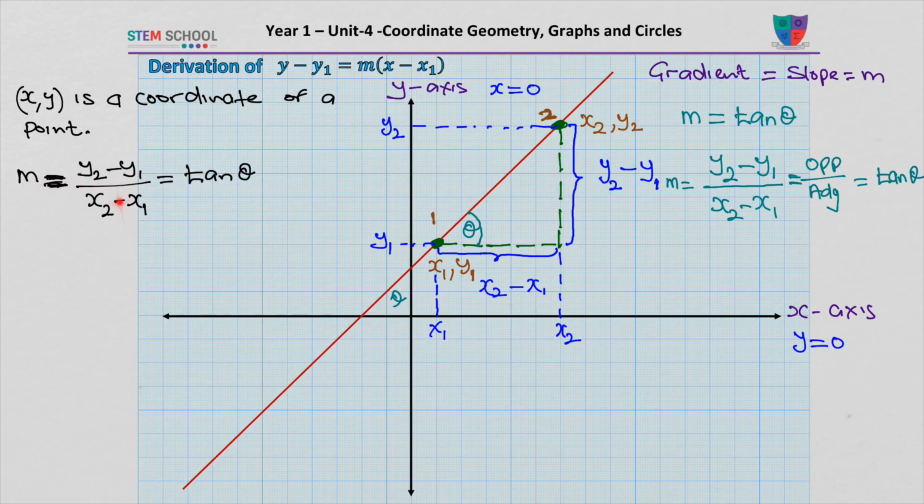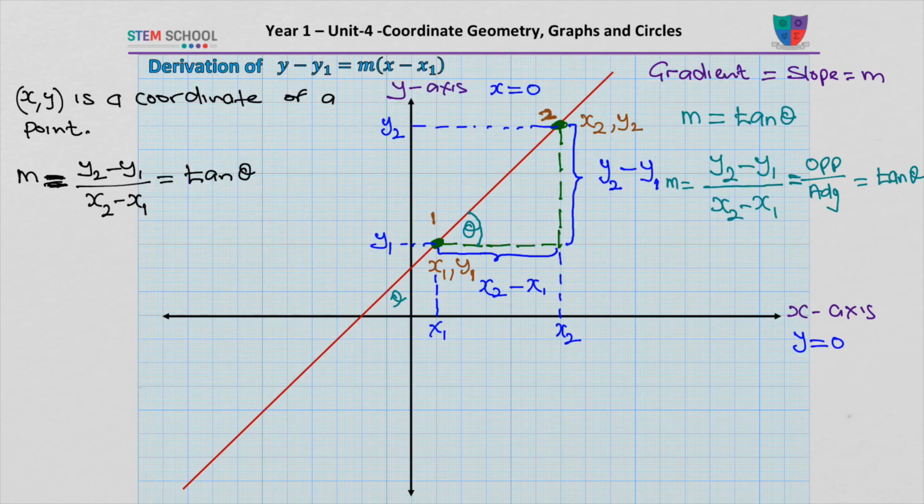In a linear equation this is sometimes called a, but we call it m here, where m is y2 minus y1 over x2 minus x1 between 2 points. So the slope can be found between 2 coordinates in a straight line, and bear in mind that's also tangent of theta, and that is the gradient of the line.